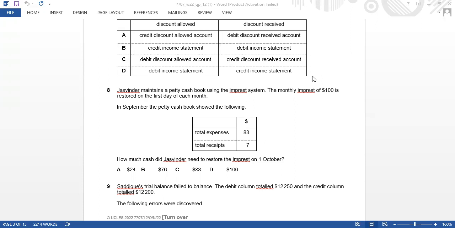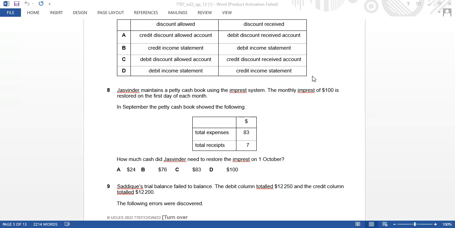Okay. We have 100 opening balance, total expenses, that means 83 were spent. 100 minus 83 would be 17. And the total receipt that came into our cash book was 7. So the answer would be 83 minus 7. That would be B, 76.